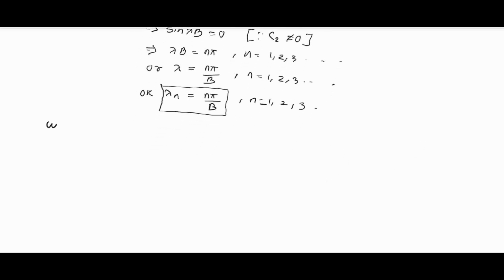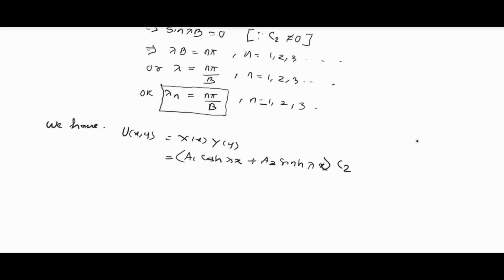So we have u of x comma y is equal to X of x times Y of y, that is, X of x means we have a1 cosh lambda x plus a2 sinh lambda x, whole into Y, which is c2 sin lambda y.